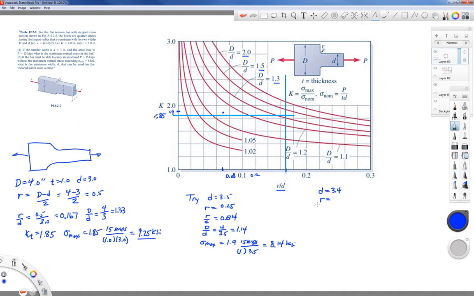It's going to be 0.3. Little r over little d is going to be 0.088. Capital D over little d is going to be 4 divided by 3.4. That's 1.18.